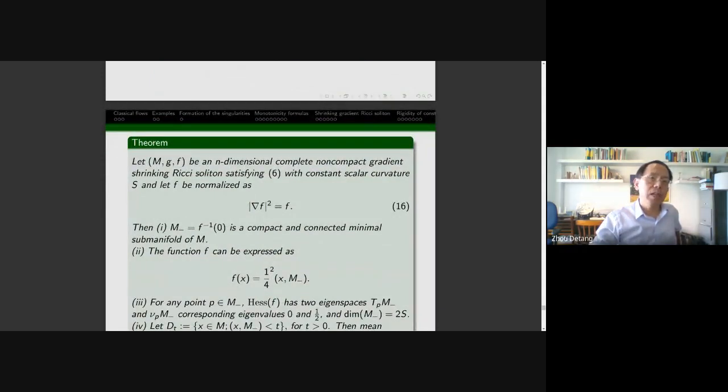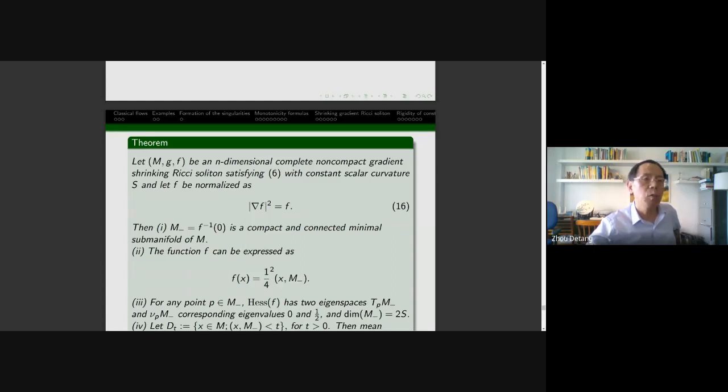To start with the proof, we need to study the level set of the potential function. Actually, if the scalar curvature is constant, the function f is isoparametric. Using the theory of isoparametric functions, in this case, we have proved that the function goes to infinity.